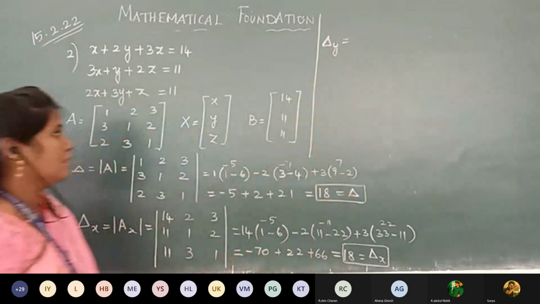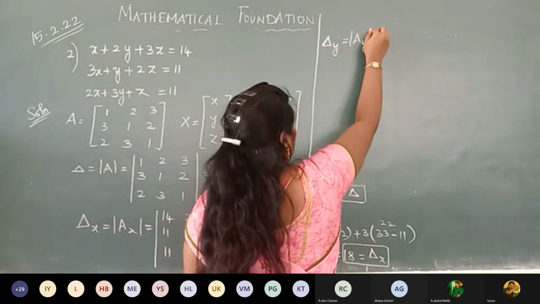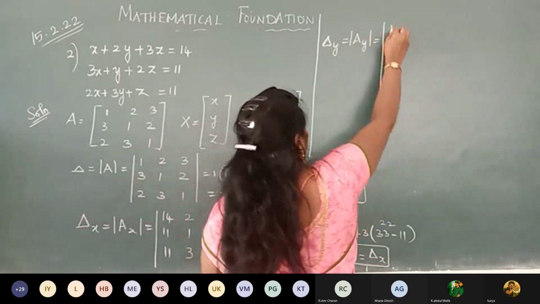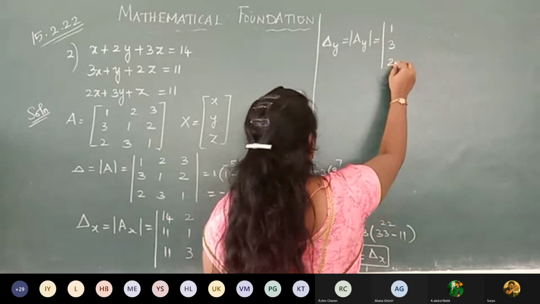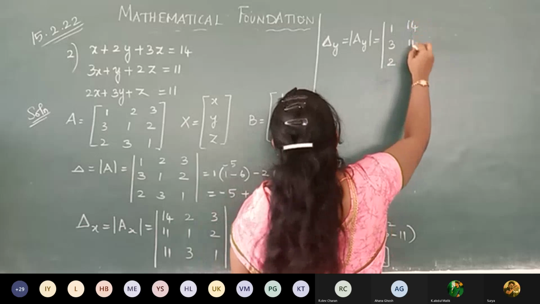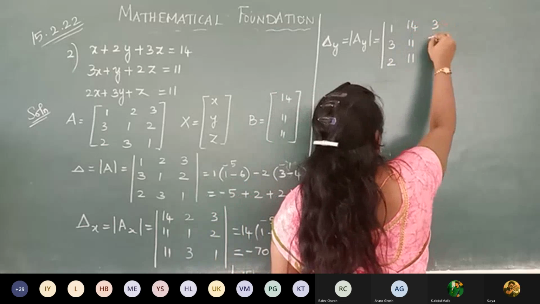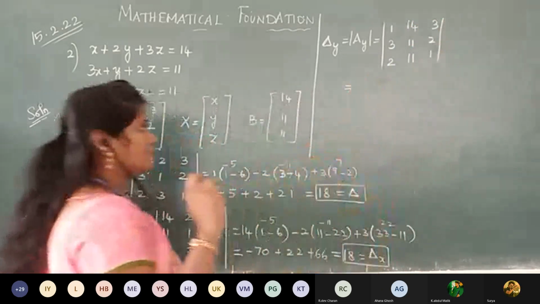Your delta y will be the determinant of A only, but with your y column replaced. So it will be 1, 3, and 2. Instead of your y variable, you'll be writing 14, 11, 11. Then it will be 3, 2, and 1. Find out.